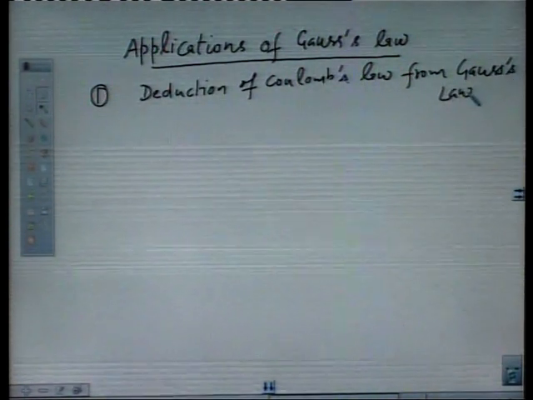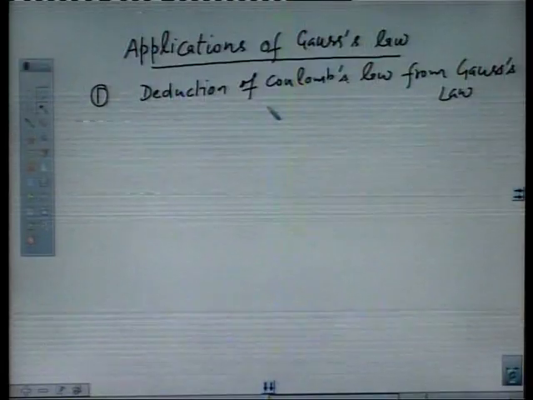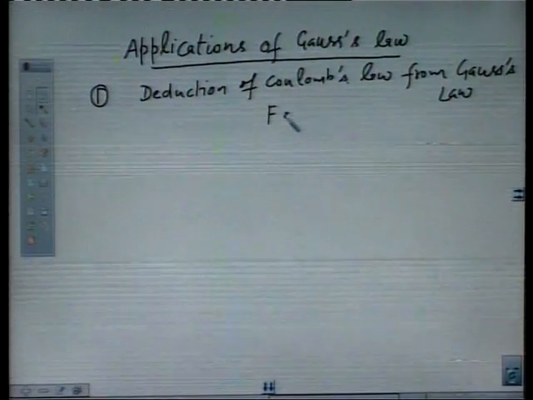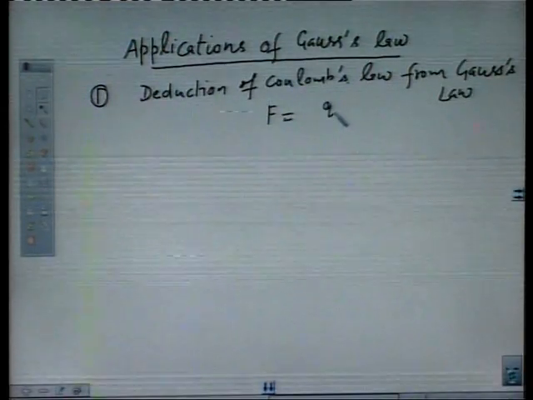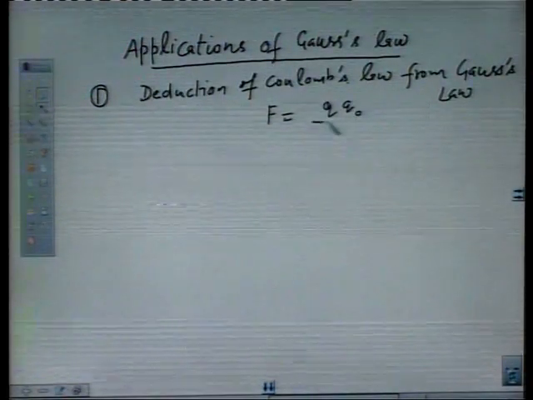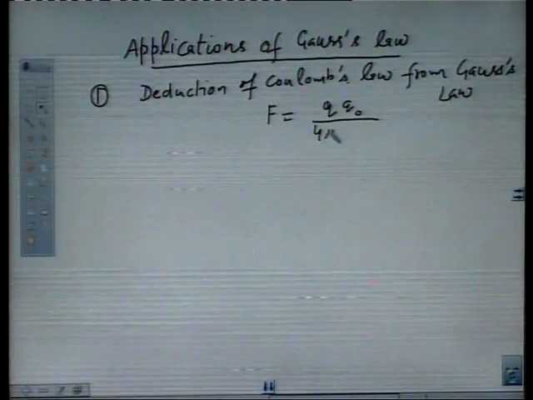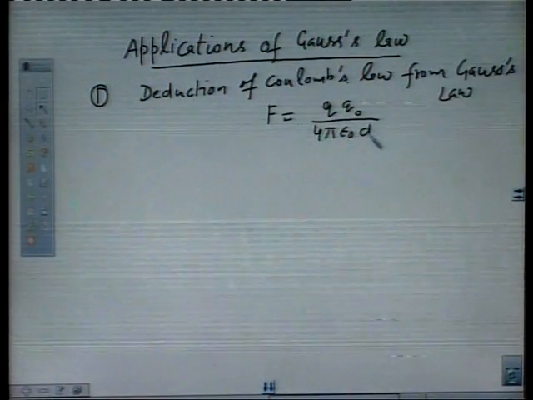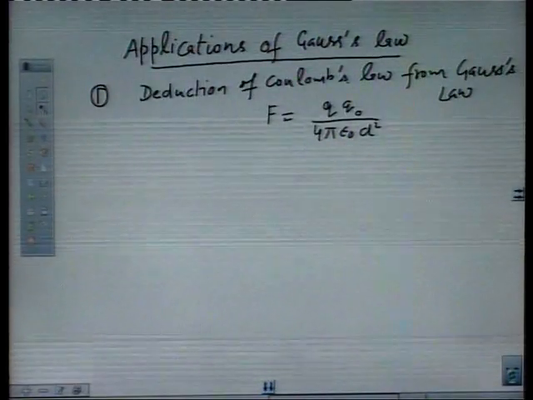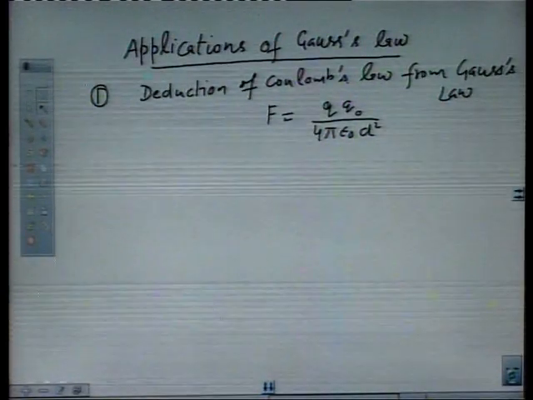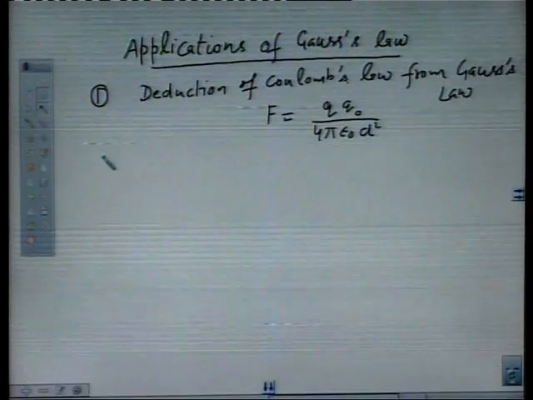We can deduce Coulomb's law, which states that the force F between two charges is equal to q into q naught upon 4 pi epsilon naught into d square, where d is the distance between the charges q and q naught. We can deduce this formula.